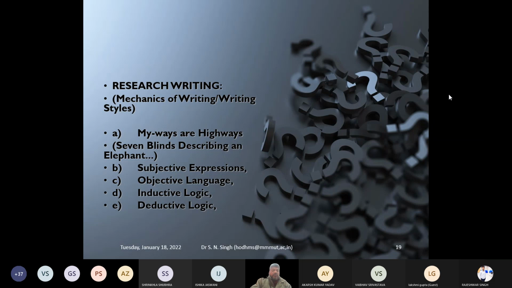So here comes the problem of "my ways are highways": it will never give you an objective approach. So let us come to certain other writing methods. "My ways are highways" is never a good method for report writing or research writing.